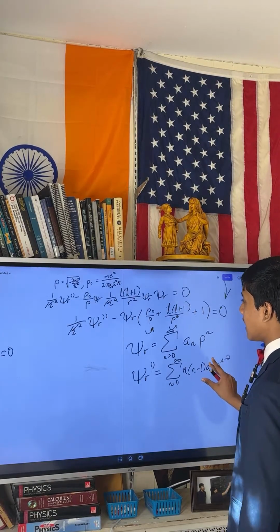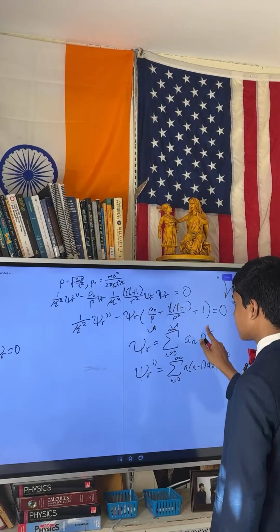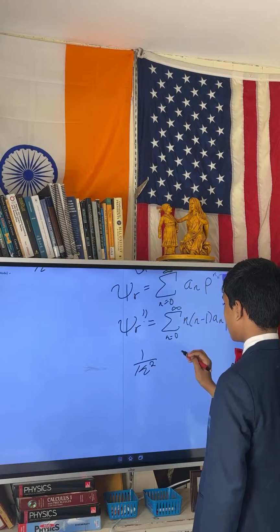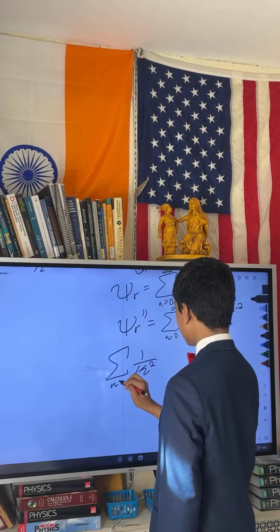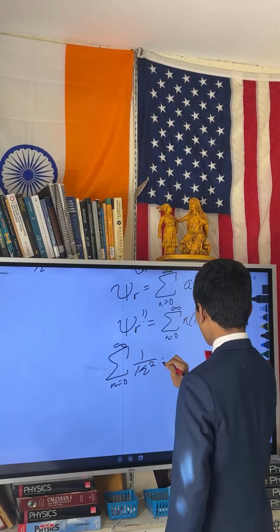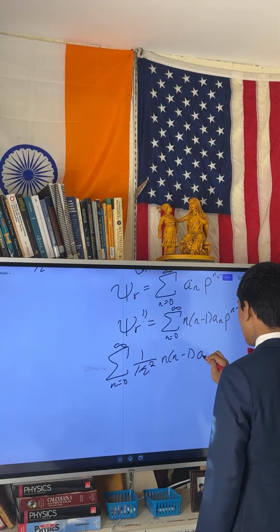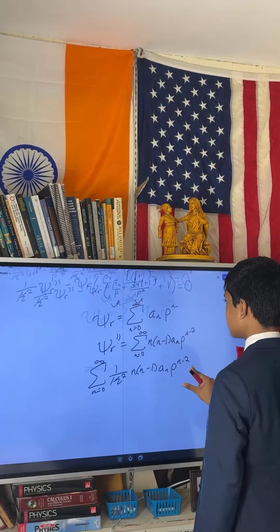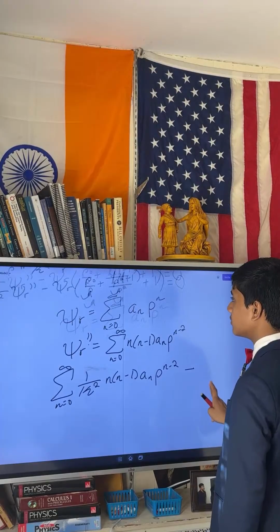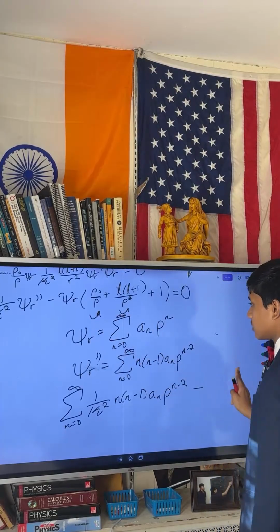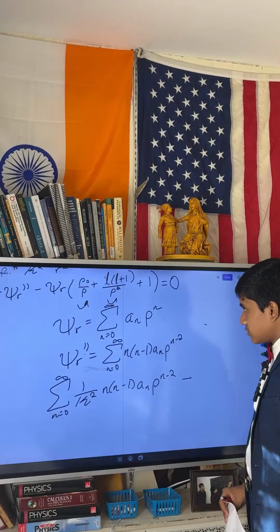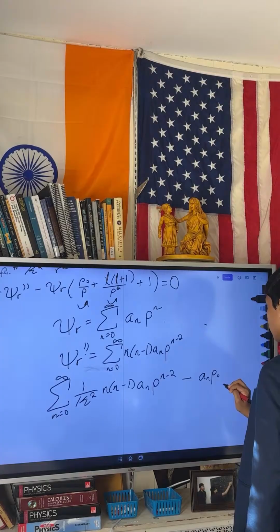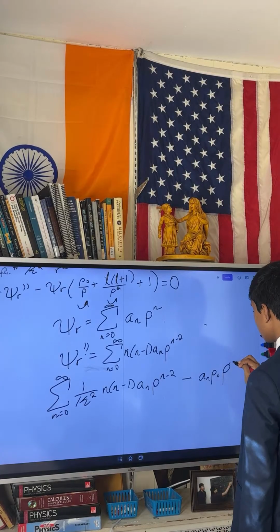So now, what happens when you plug that in here? You get 1 over kappa squared multiplied by the sum from n equals 0 to infinity of n times n minus 1 a n rho to the n minus 2. And that has to be subtracted from whatever this gives us, which is a n rho naught rho to the n minus 1.